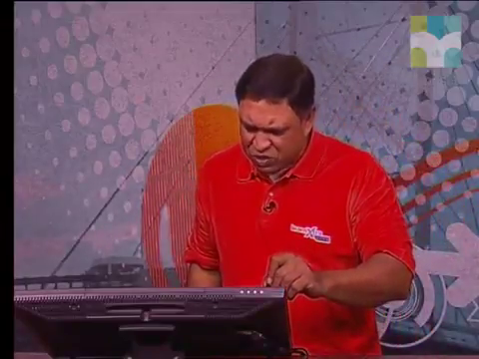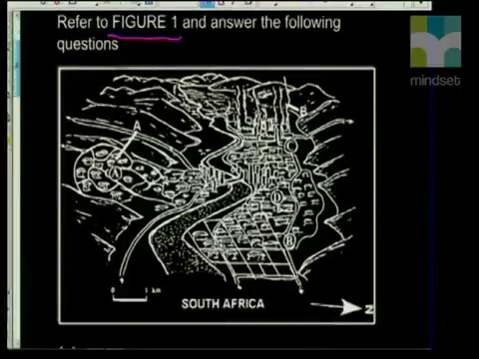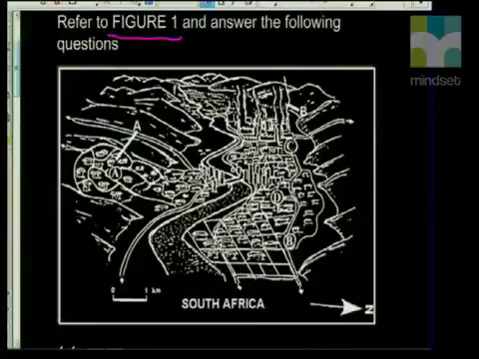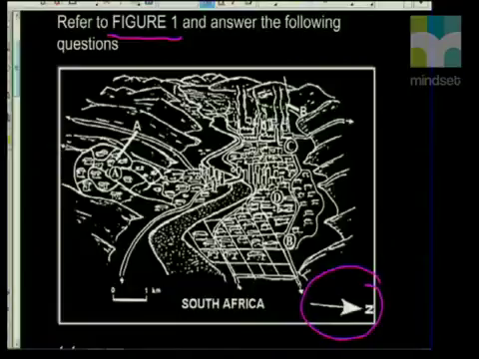Let's look at this first question that I have here. Figure 1, which you're going to refer to, and we're going to look at what the resource does for us first. Remember, learners, I've always told you, you must look at the resource before the questions. So let's look at what it gives us here. We've got an important little thing showing us north.